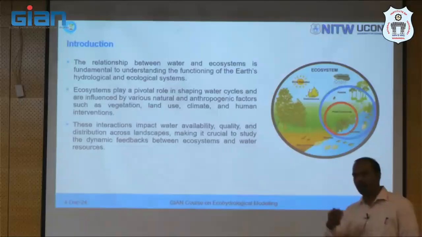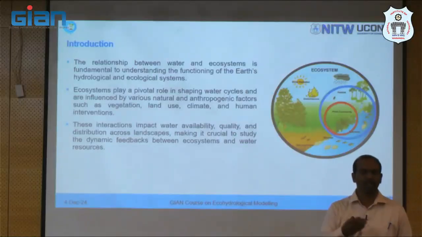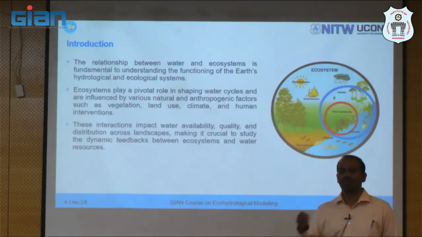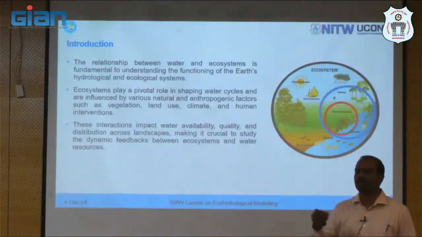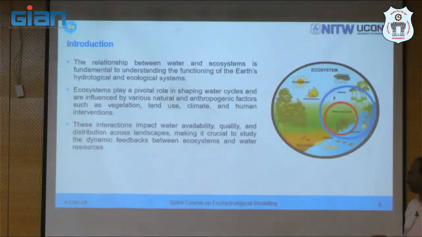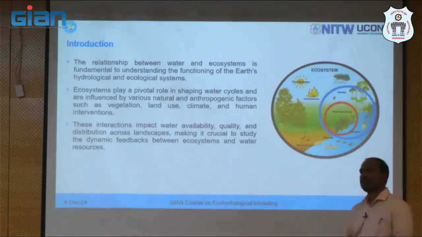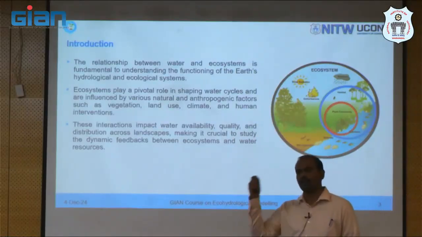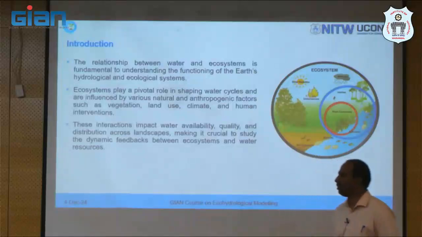So, you never know how these changes happen, or rather we need to understand how changes at different spatial scales are occurring because of human activities, right. And this is a dynamic feedback. The hydrological cycle is always a dynamic feedback. That is, whatever you are changing on land is getting affected in the atmosphere, and then it is coming back in a different way, right.